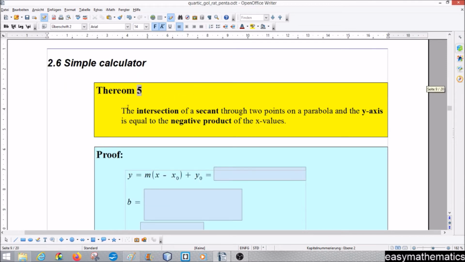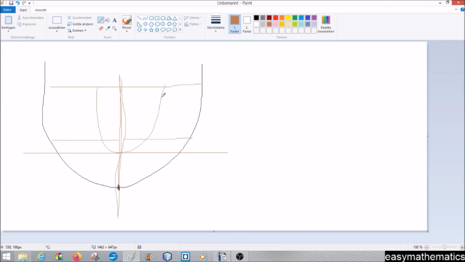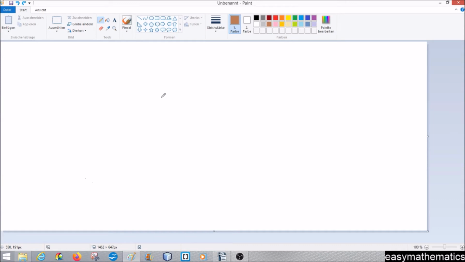Theorem 5: the intersection of a secant through 2 points on a parabola and the y-axis is equal to the negative product of the x values. What does this mean graphically? If we have a coordinate system like here, and we take a normal parabola, and then we take a secant line, for example this one, then there is an x1 and here is x2.